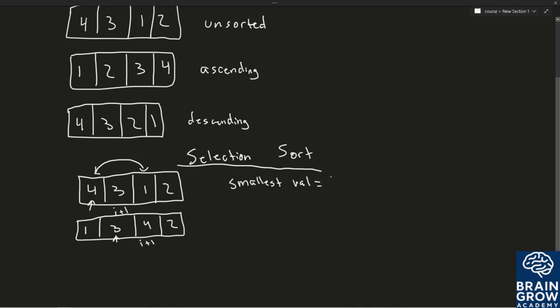So we look at 4. 4 is not less than 3, but now we look at 2. 2 is less than 3. So we can get rid of 3, put 2 there, and now we will swap 3 and 2. So now we have 1, 2, 4, and 3.